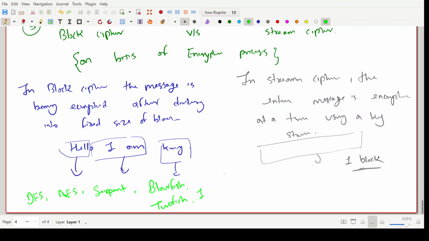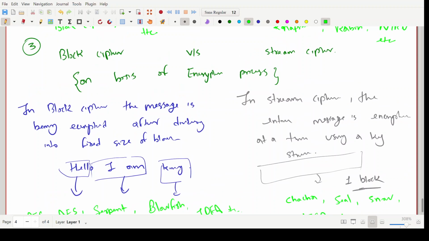If you say IDEA, etc. And if you take the example of a stream cipher, so ChaCha, SEAL, SNOW, LFSR, etc. are some popular stream ciphers.